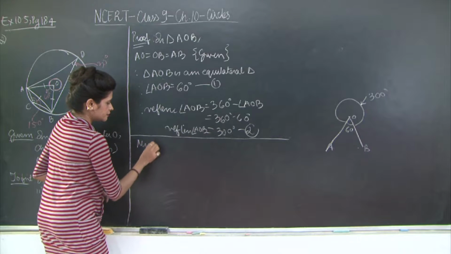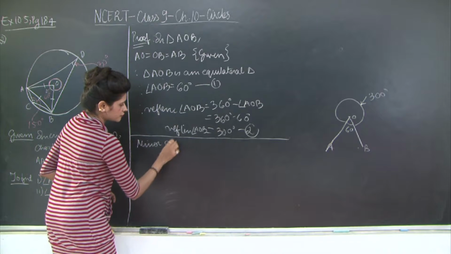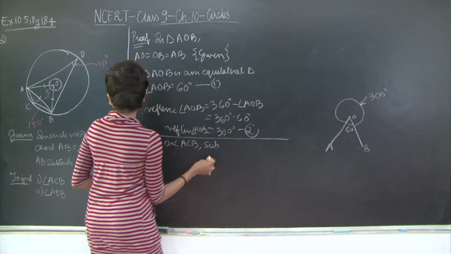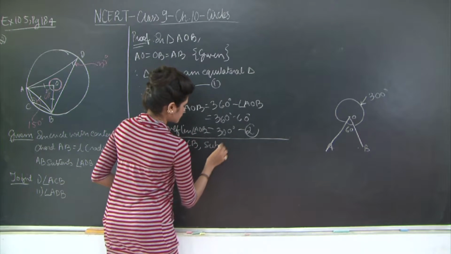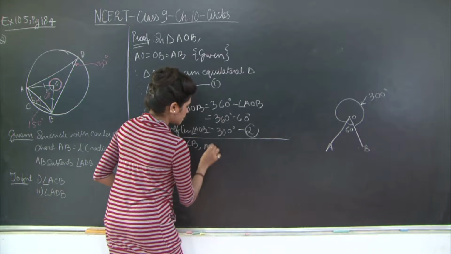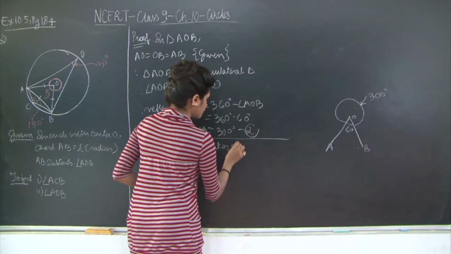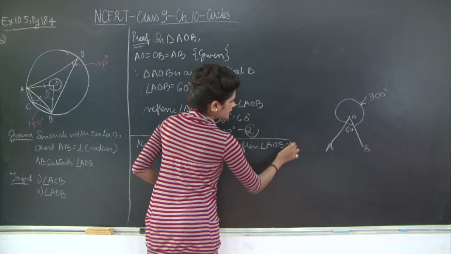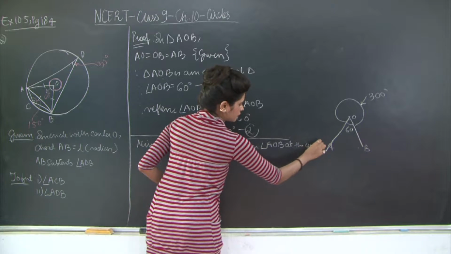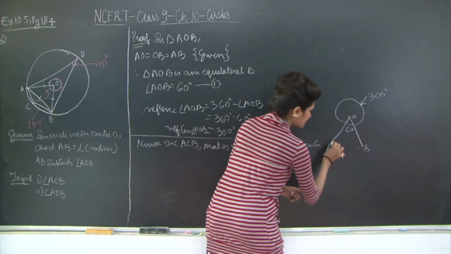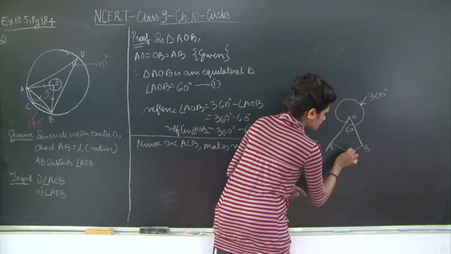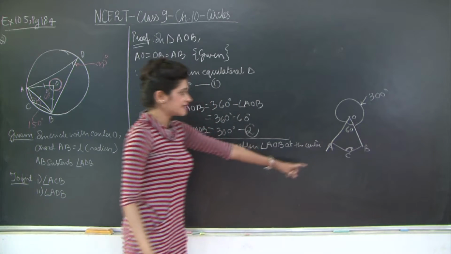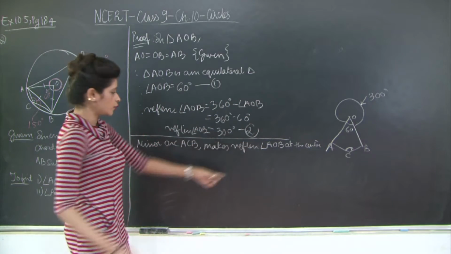Minor arc ACB subtends, minor arc ACB makes reflex angle AOB at the center. Correct? Which means that this angle out here, ACB, is making this angle. Therefore, ACB is going to be half of reflex AOB.